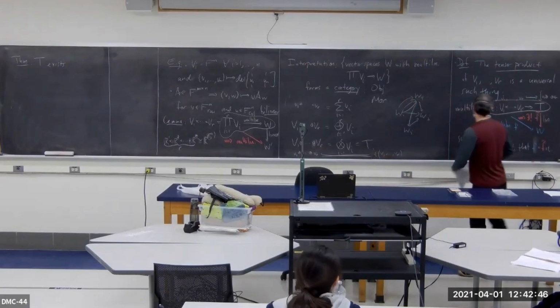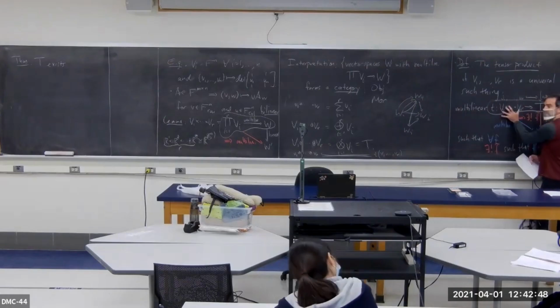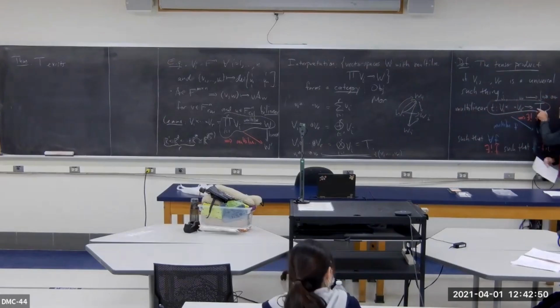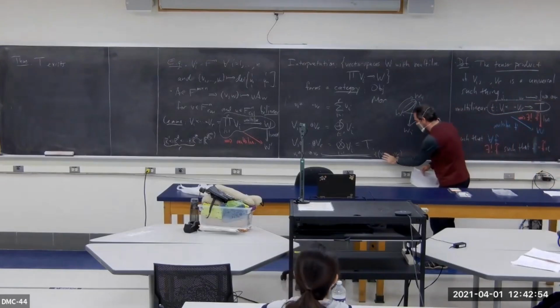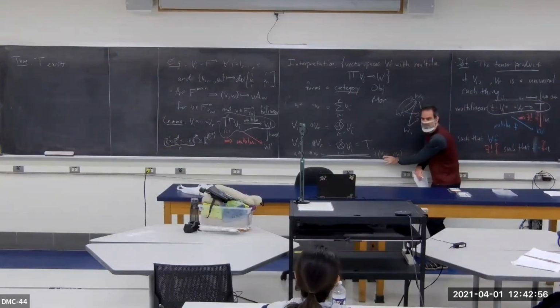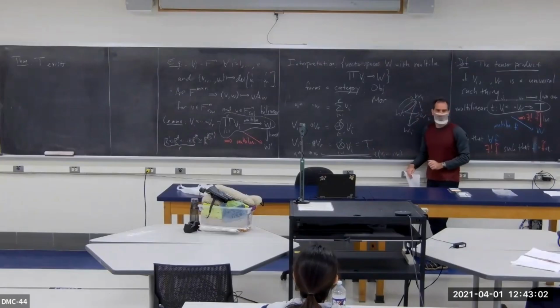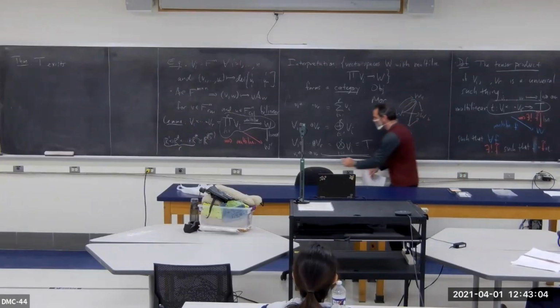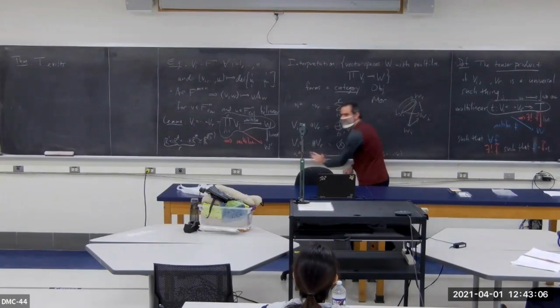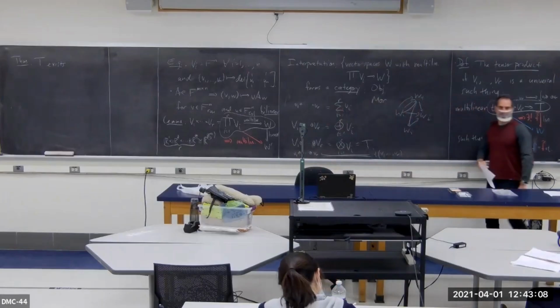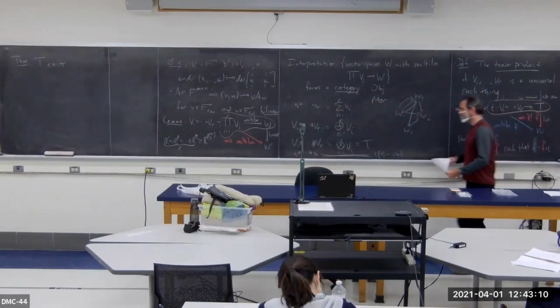I'm supposed to be taking ordered lists of elements of the V's to a single element of T. So this list is an element in the product of the V's. And then T of it is going to be a single element of the tensor product. That single element is written by writing little tensor symbols between the V's. Okay, that's just notation.